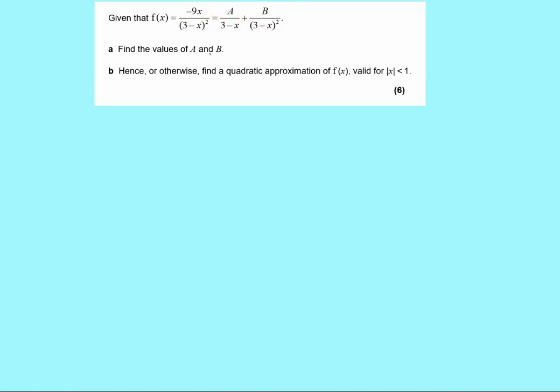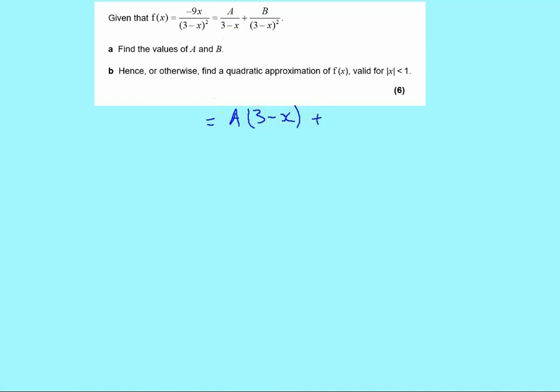So what we're going to do is, if we were going to add these, we'd be making common denominators. So first of all, we've got to make them have common denominators. To do that, I'm going to be multiplying this fraction here on the left by another 3 minus x.